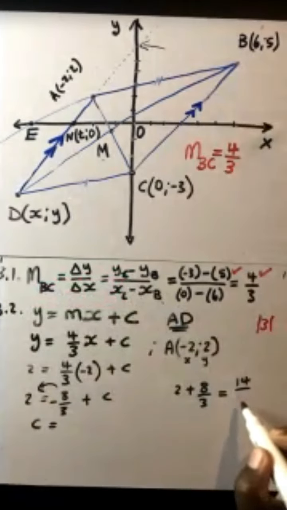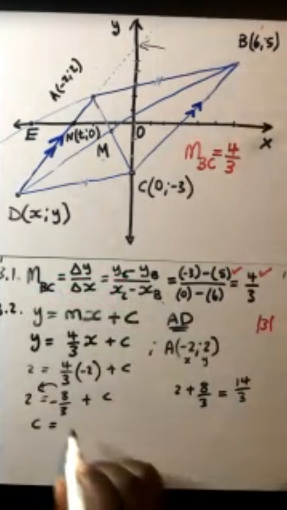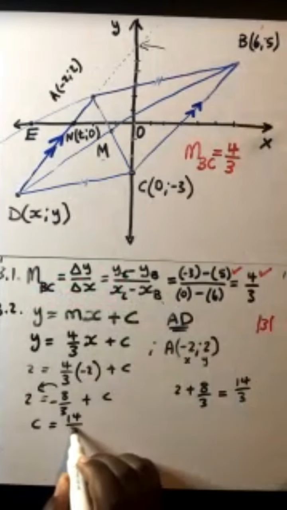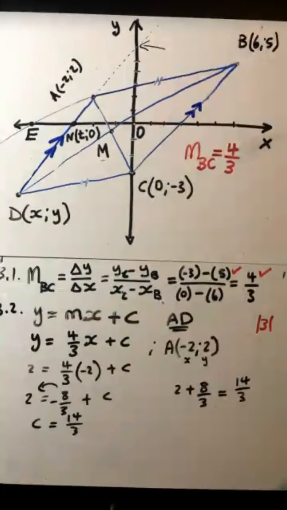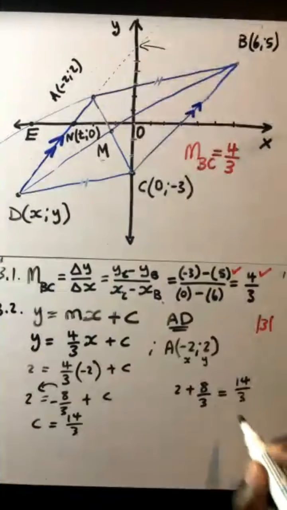Just let me know if you get a different answer. But I'm getting 14 over 3. Guys, can someone confirm if you're also getting the same answer? I also got 14 over 3. Okay, nice. So remember, guys, it's a positive value.